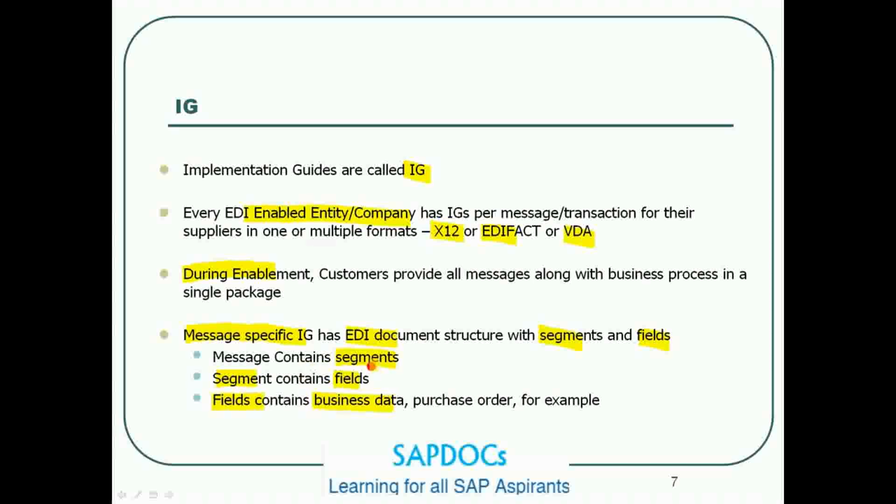For example, for a purchase order, the date of the PO, the part number, and so forth. So an IG is a blueprint of messages that you are going to send to your supplier, and it has both outbound and inbound message formats in the IG, and the customer provides all the IGs in one single package.